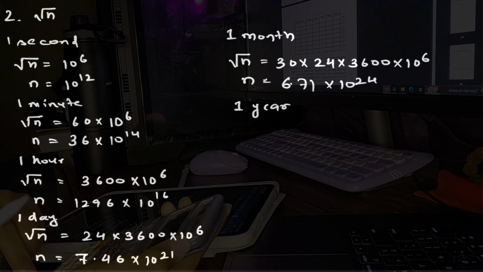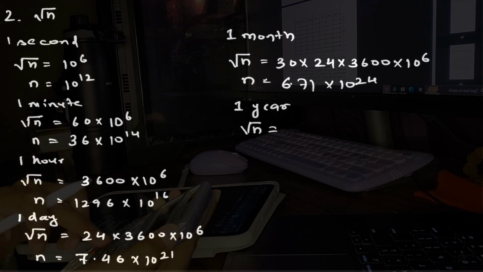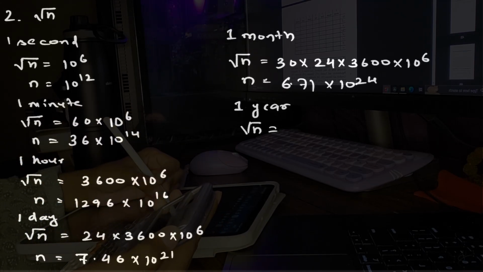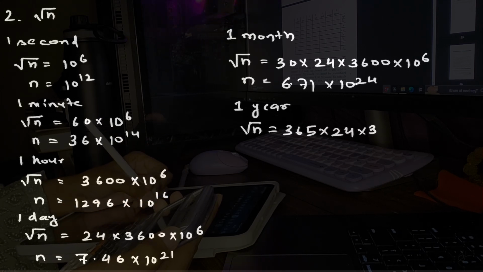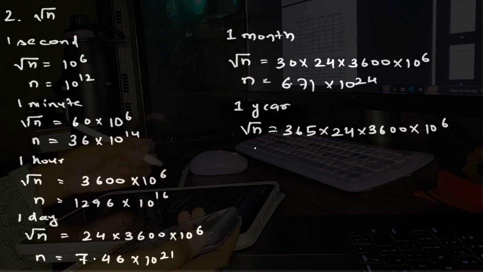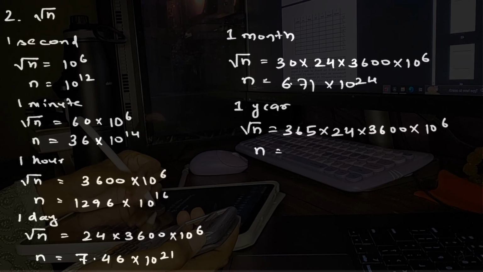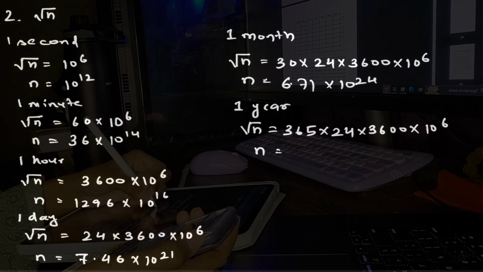Now a year has 365 days and 12 months, so we'll do it according to the days. 365 into 24 into 3600 into 10 to the power of 6.